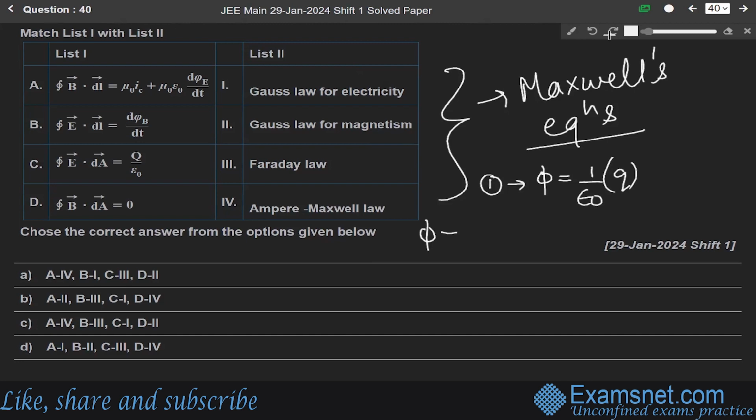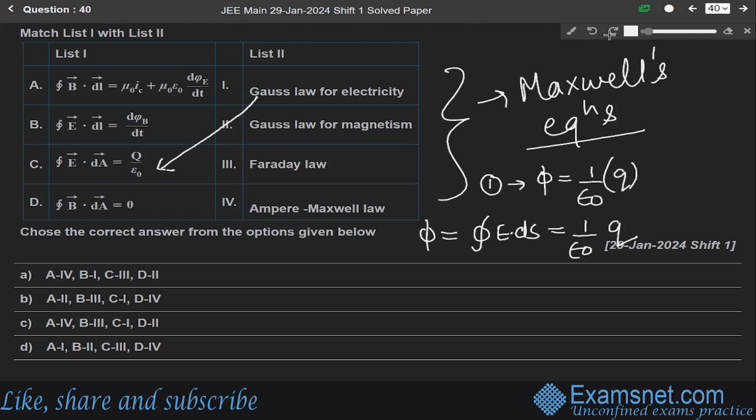It means the electric flux passing through a closed surface is equal to 1 over epsilon naught times the total charge enclosed by the surface. So Gauss law of electricity will match with option C.